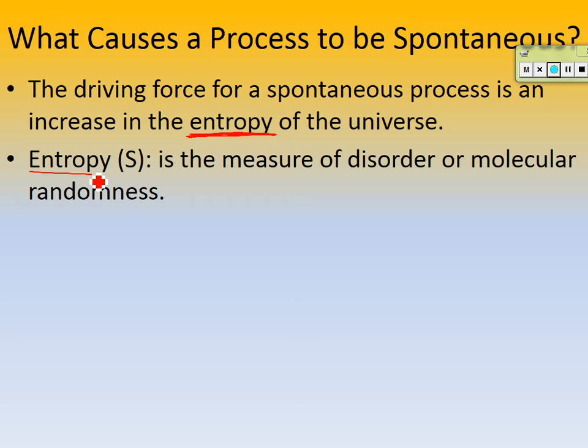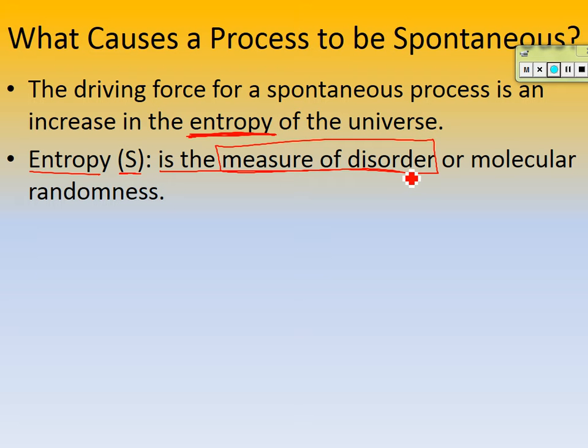Here it is. Entropy is given the symbol capital S. So whenever you see this capital S in this chapter, you're going to think about entropy. Now here's the definition. Entropy is the measure of disorder or molecular randomness. It is the measure of disorder. That's how I think of it. I'm going to say that a lot today.